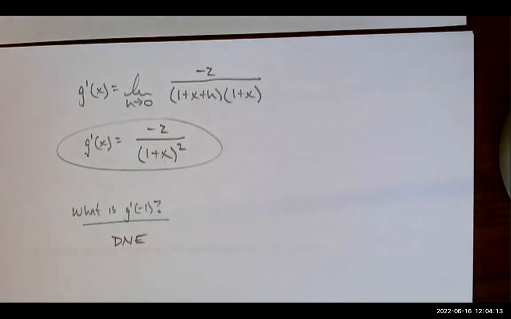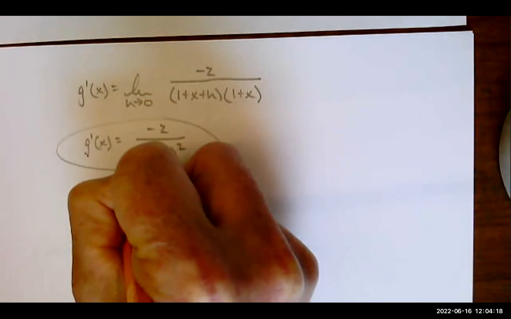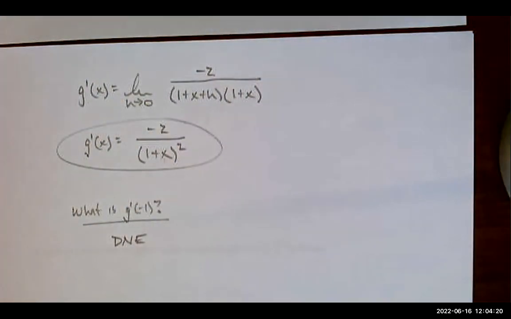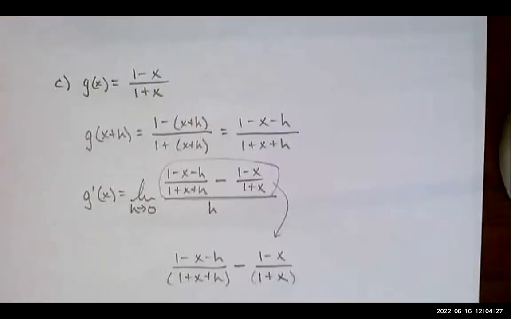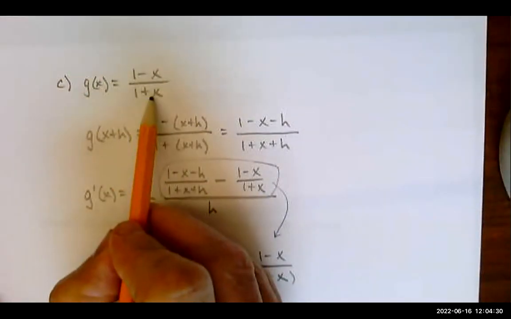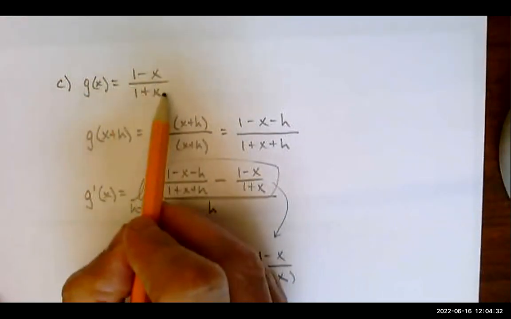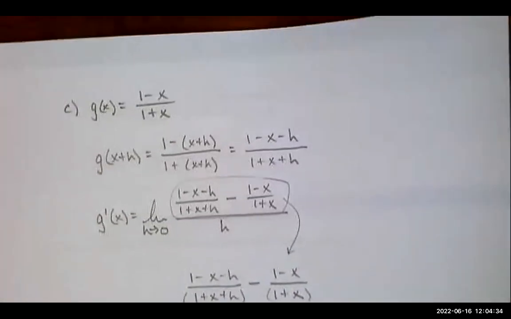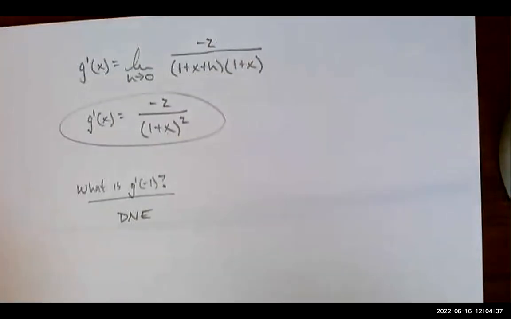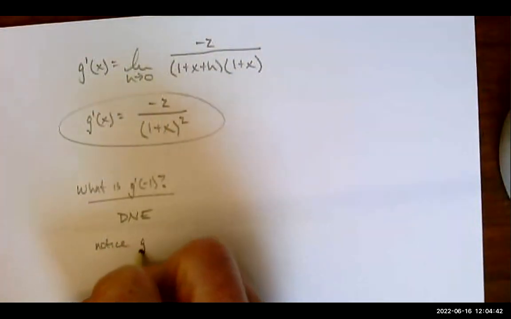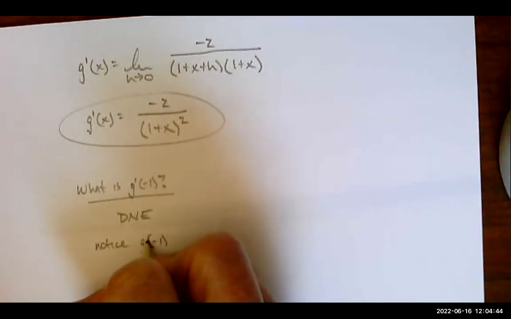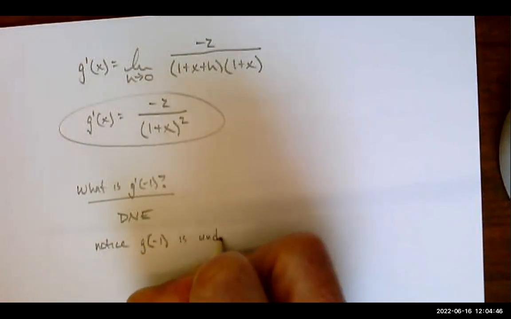You're like, why? What's up with that? Is it possible that a derivative might not exist at certain x values? Here it makes a lot of sense why. Think about the original function. What's happening at negative 1 in the original function? Well, you're dividing by 0 there as well. Notice that g of negative 1 is undefined.